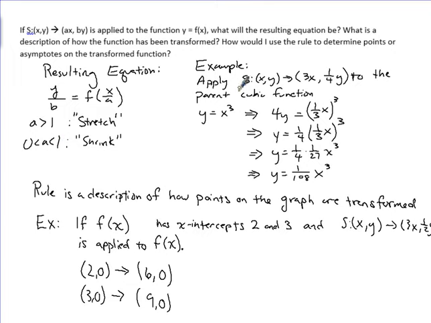So here's our example. We have this size change happening to the parent cubic function. This would mean that we're stretching by a factor of 3 horizontally. This would mean that we're shrinking by a factor of 1/4 vertically. So if you imagine that, the graph is really going to get dramatically fatter than the original cubic function.